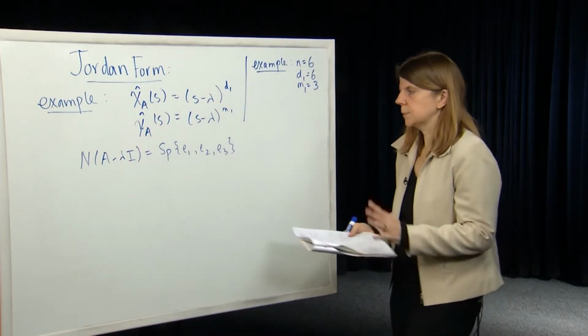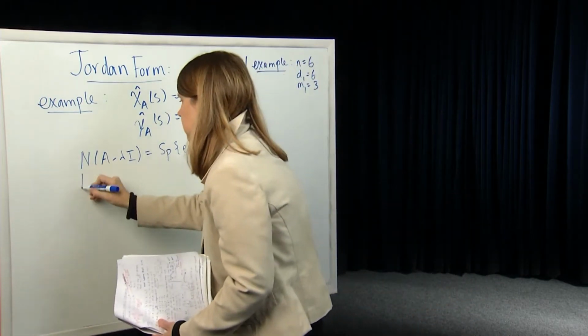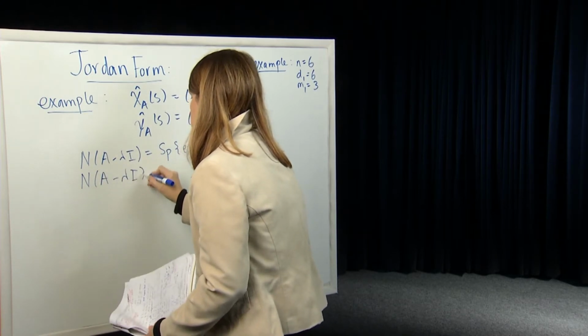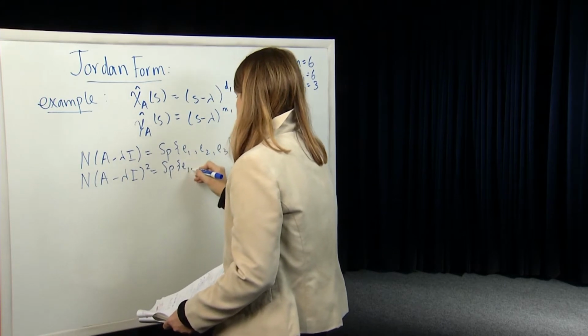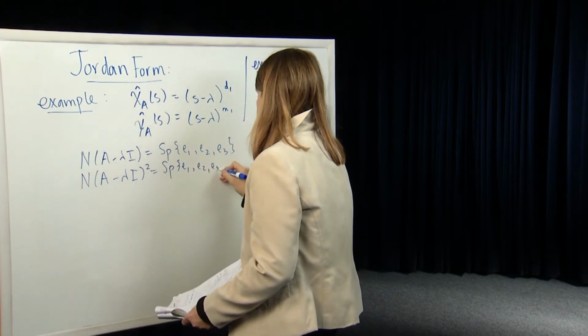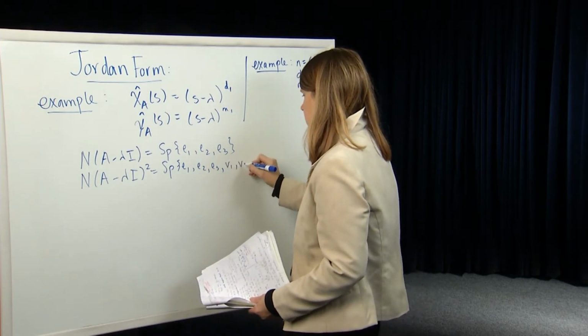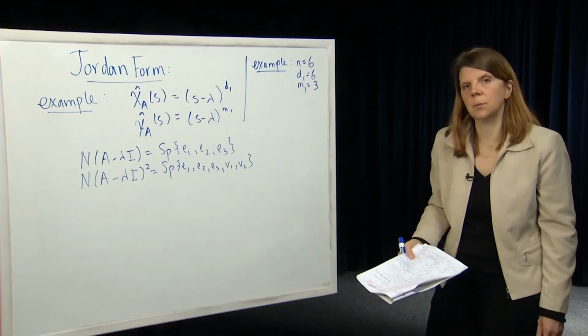This is part of the example. Let's suppose that the null space of A minus lambda I squared has to contain the null space of A minus lambda I, so it's already got those 3 eigenvectors in it. But suppose you can add 2 more linearly independent vectors into that null space, and we'll call those V1 and V2.